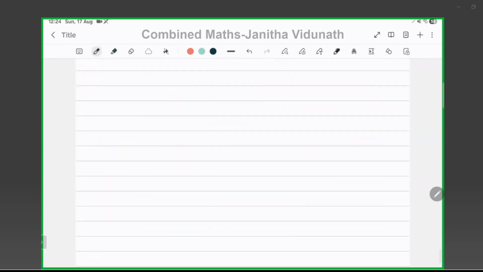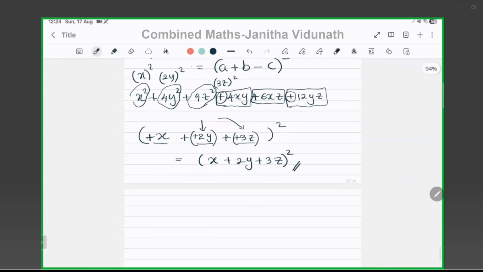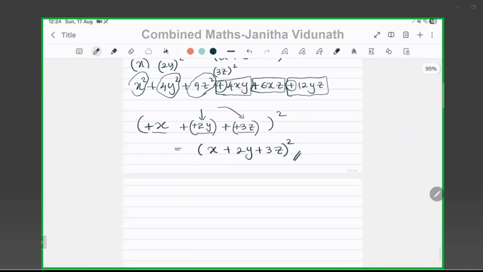Okay, let me do another example. Think we have a square plus 9b square plus 16c square minus 6ab minus 8ac plus 24bc.